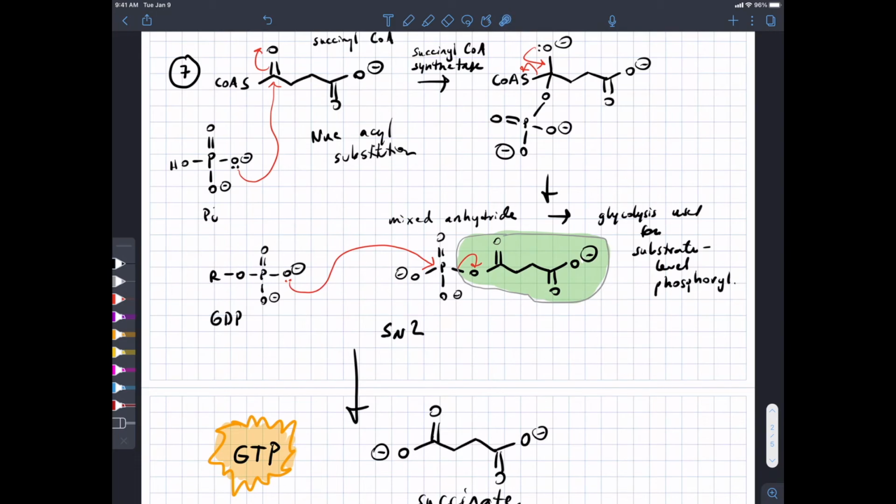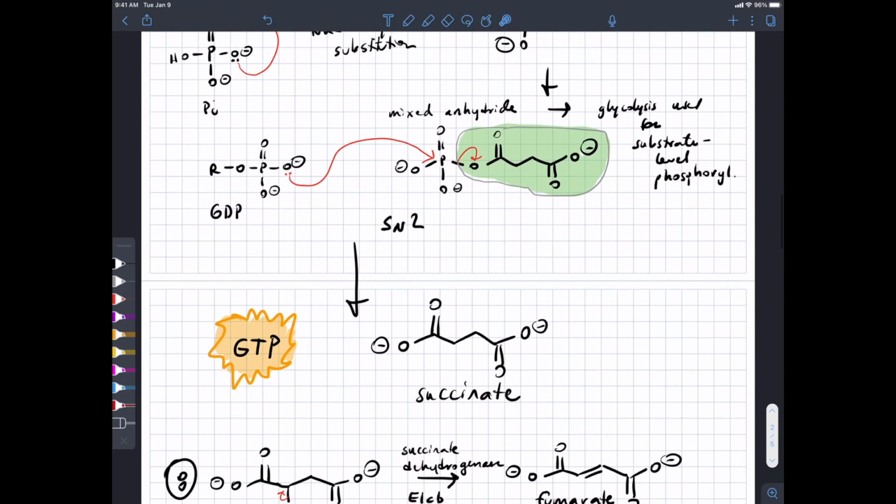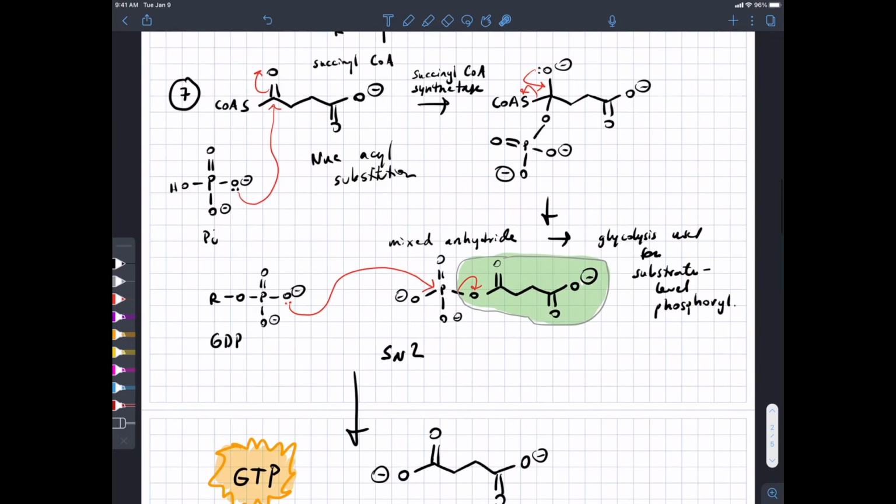The backwards reaction would be you phosphorylate this oxygen to get the acyl phosphate, and then CoA attacks to create this molecule. It's a synthase because we make a succinyl-CoA. It's a synthetase because we consume GTP in the process. So it is named for the backwards reaction.